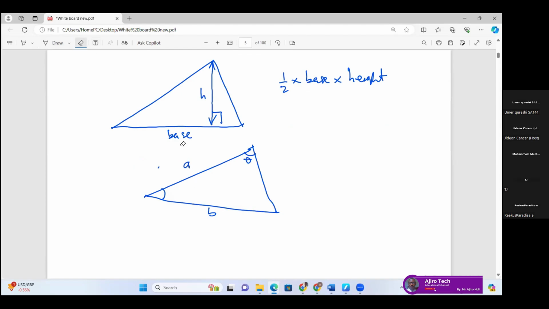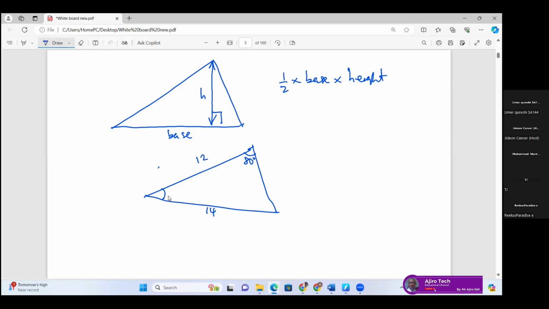Like for example, let me say this A is 12, and this B is, let me say, 14. And the angle here, let me say the angle is 80 degrees. I can't solve this because this angle is not between side 12 and side 14.